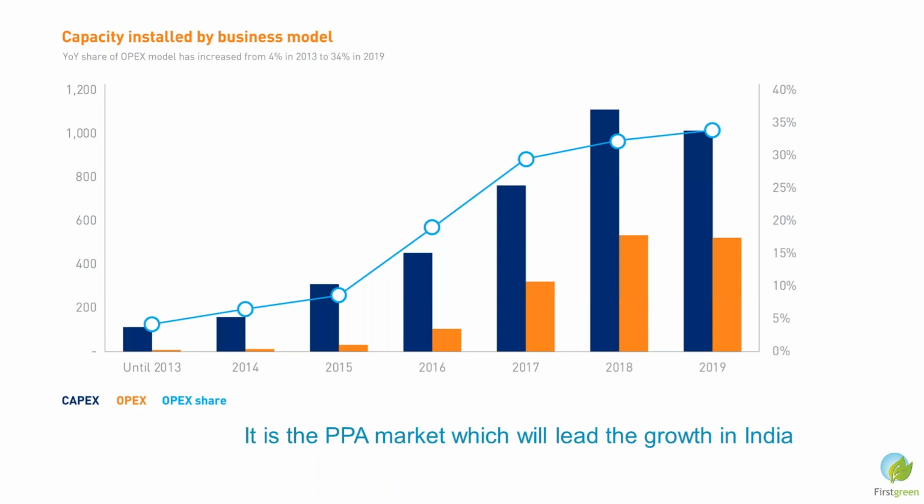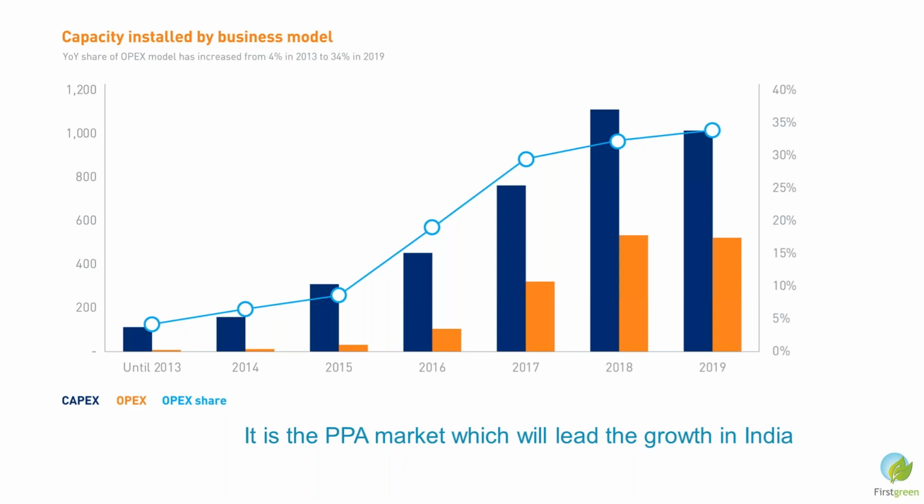We are expert companies who are in the business of solar, so we should put our money into solar. Somebody else who's doing some other manufacturing should put their money in their expertise so that they get their returns there. So it's a win-win situation for both parties. As we see, the market for opex is significant, and this will keep growing.